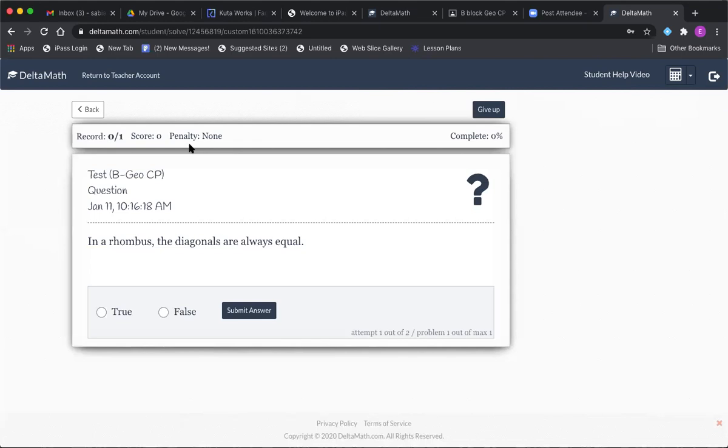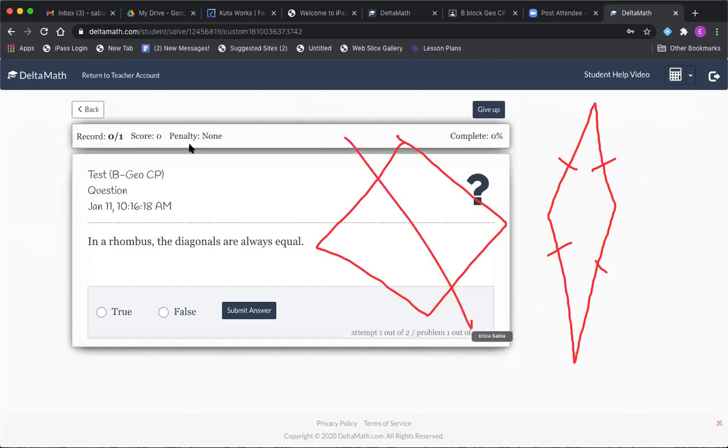Okay. All right, so if I'm trying to figure out if the diagonals in a rhombus are always equal, I'm going to draw myself a really narrow rhombus. Don't draw yourself a rhombus so wide that it could be a square, because then things are going to be different. So don't do that.